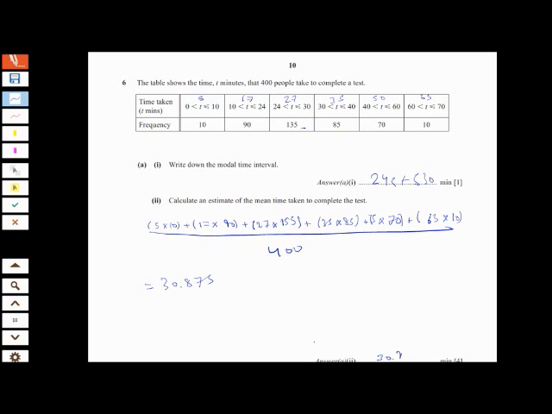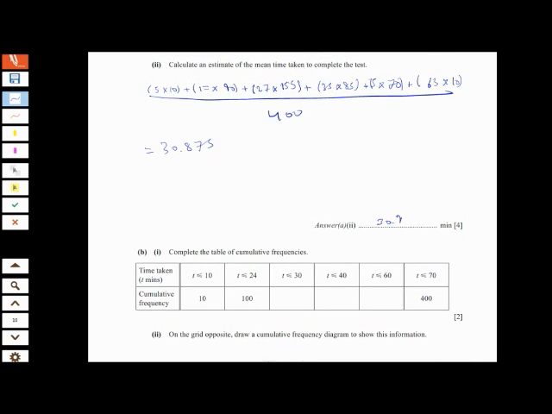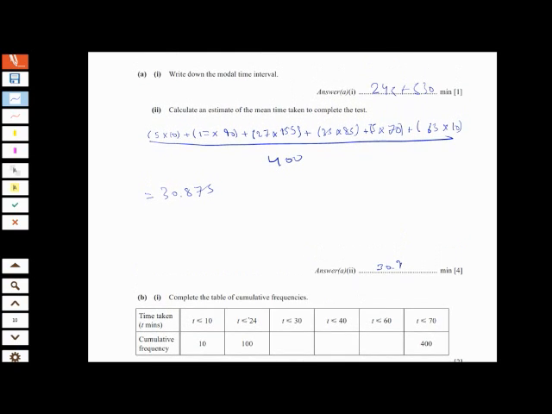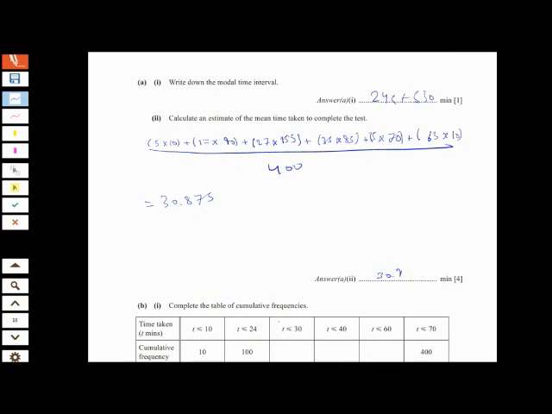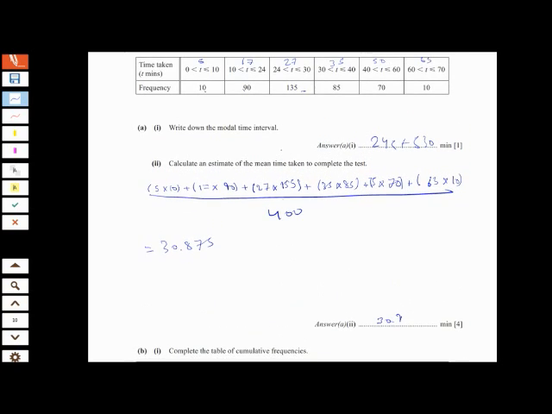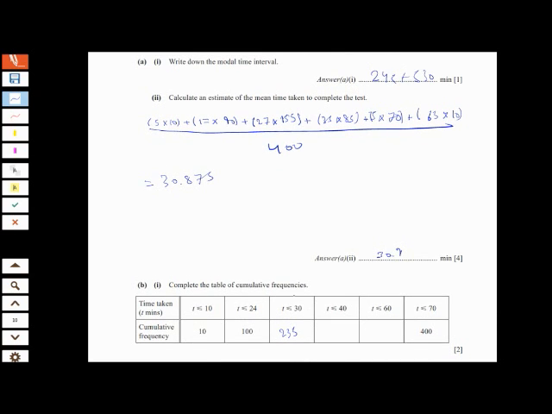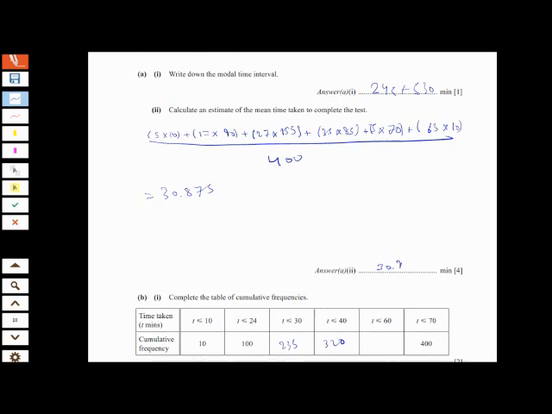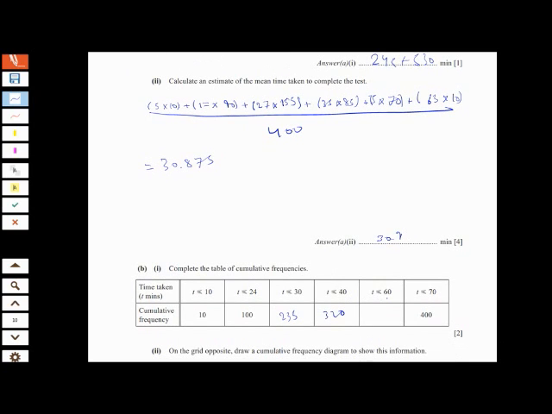Now complete the cumulative frequencies. Cumulative frequency is basically this plus this, which is 100, and then 100 plus 135, which is 235, then 235 plus 85, which is 320, then 320 plus 70, you get 390, and then 390 plus 10, 400.